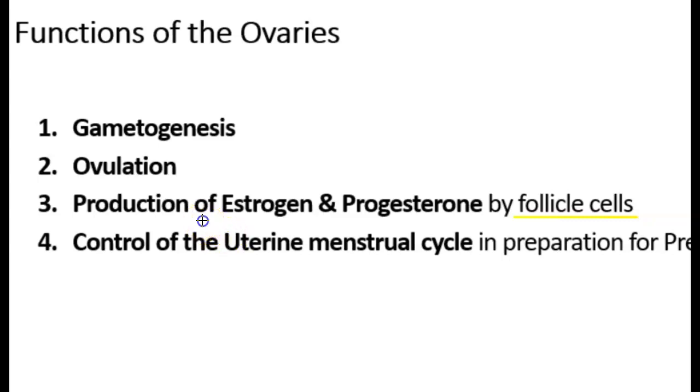The lining of the uterus thickens to prepare for pregnancy, and if pregnancy doesn't occur, then it thins again. All of that function of the uterine lining is controlled by the ovarian hormones. The ovary sends out hormones via the bloodstream that reach the uterus, and those hormones control the menstrual cycle. In this lecture, we won't talk about the uterus, we'll just talk about the ovary.